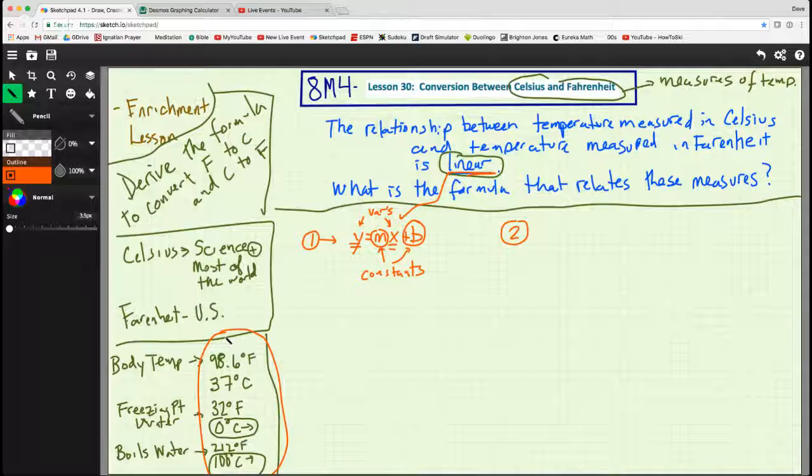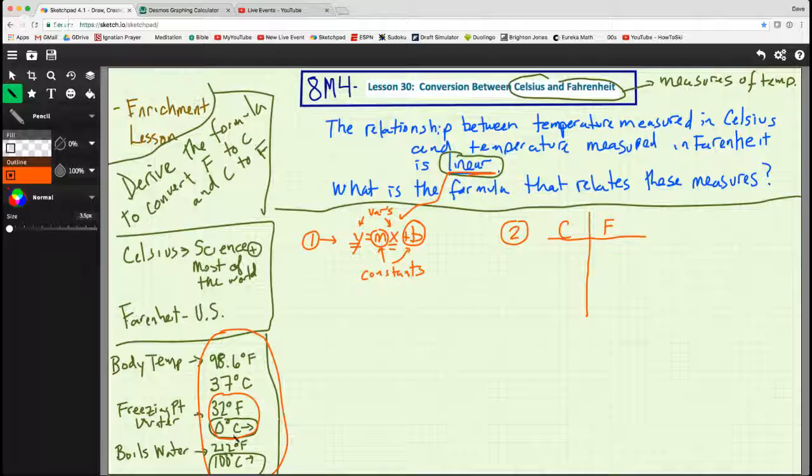Let me give you a little bit more of a hint. We're going to write this in a table, and this should really start to spark your memory and your curiosity, or give you an aha moment. So we have these 2 points that we know can be converted.